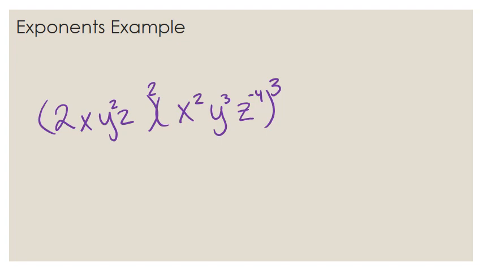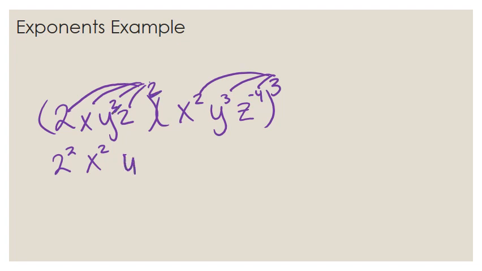First thing I notice is I have parentheses, so I'm going to distribute into those parentheses. So every single piece gets that power to a power. So it'll end up being 2 squared, x squared. 2 times 2 is power of a power, so it's going to be y to the 4th, and then z squared. I'm going to leave that in parentheses for now.